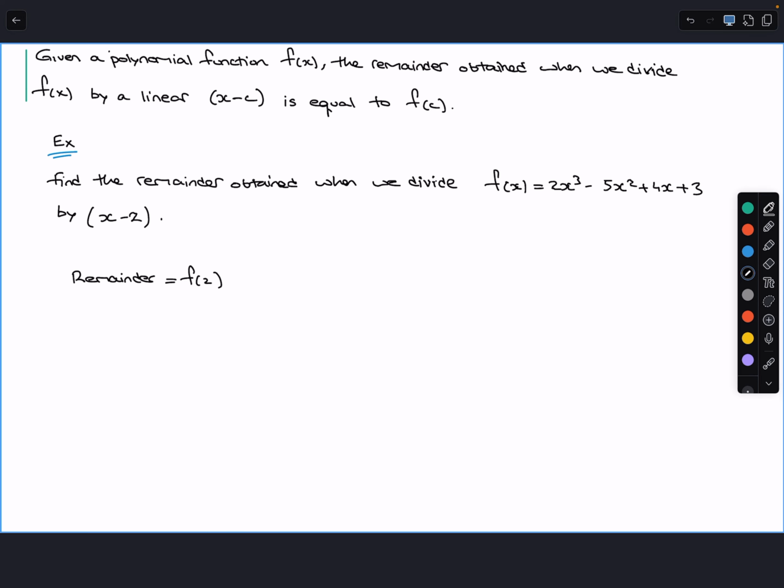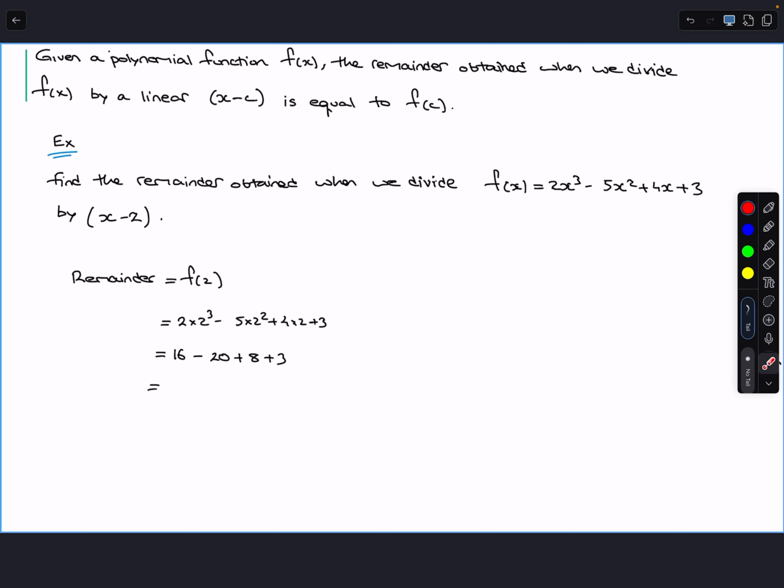Actually, we'll do both. f of 2 is equal to 2 times 2 cubed minus 5 times 2 squared plus 4 times 2 plus 3. Evaluating that, 2 times 2 cubed is 2 to the power 4, which is 16. Take away 5 times 2 squared, so 5 times 4, which is 20, plus 4 times 2, which is 8, plus 3.